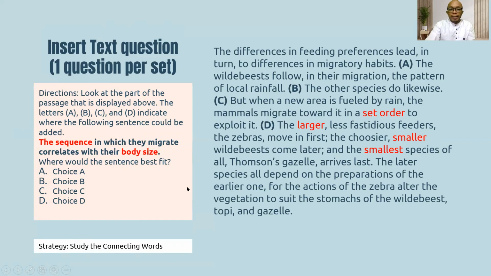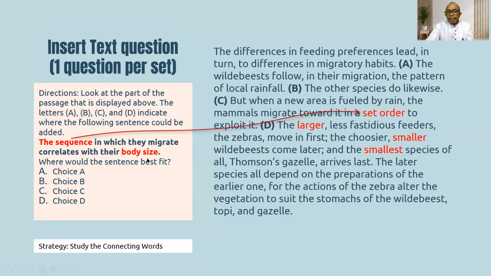So here we can see that the sequence is talking about a set order. And that is in line with the previous sentence in the D position. So making D a very potential answer to be correct.